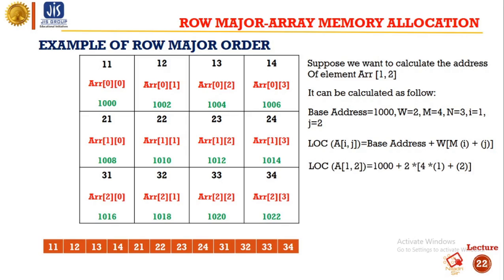If we put the values, location 1 comma 2, base address is 1000, W value is 2, M here is 4, I is 1 and J is 2. So location 1 2 will be 1012. Okay, so this is how we can calculate the address of an element in an array using row major.